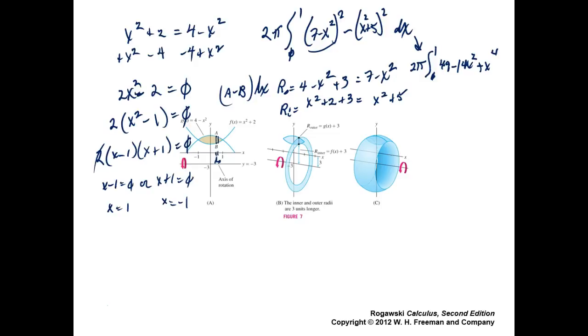Okay. All right. Minus, I think I'll leave it in parentheses because that would be too many things to try to keep up with. So square x squared plus 5. What does that give you? Plus 10x squared.